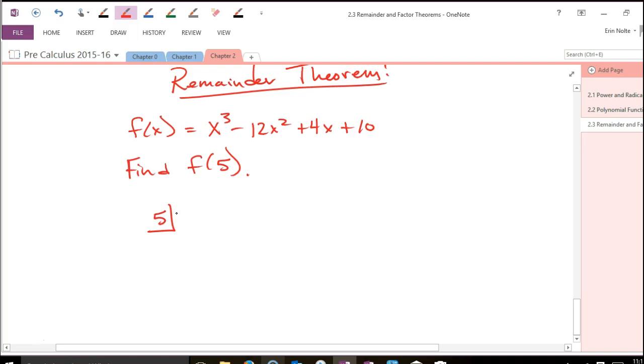What are the numbers that follow here? 1, -12, 4, 10. So I do my synthetic division. I drop the 1. 1 times 5 is 5. What's -12 plus 5? -7 times 5? 4 plus -35? -31 times 5?